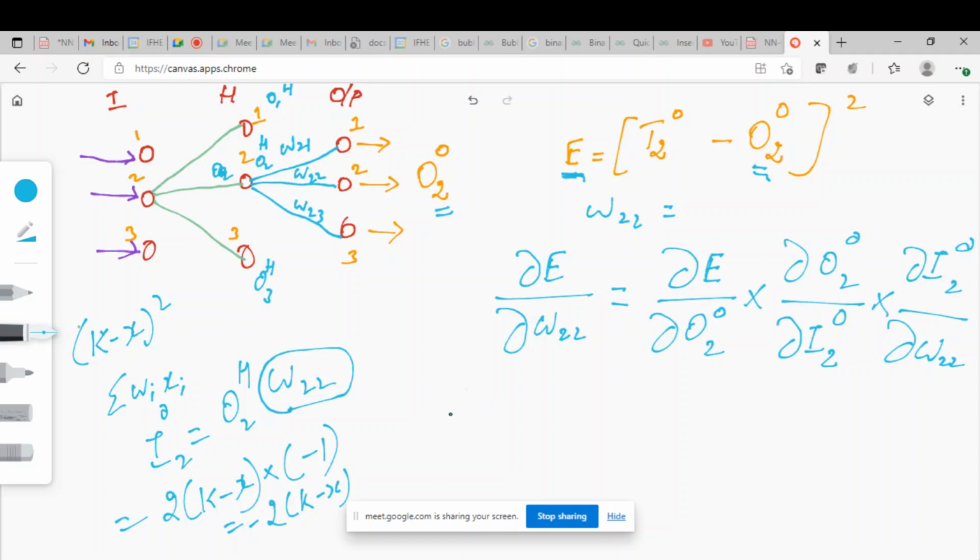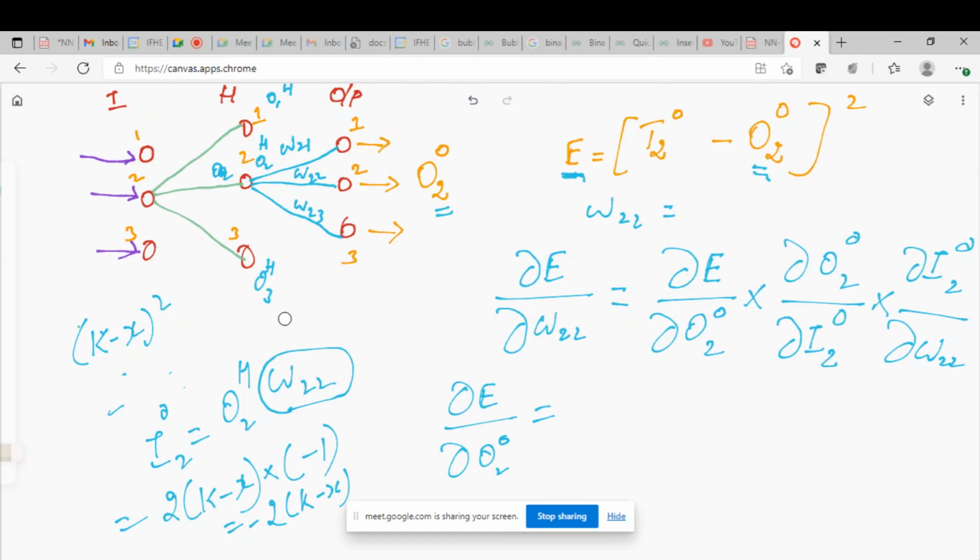What will be dou E by dou O2? What will be the derivative of this? It is the same as this. I have already told the answer. Only instead of k and x, you have to use those variables.